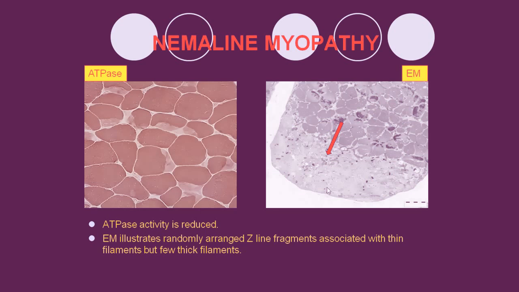These are thin filaments in the area of the cap, and this is fragments of Z line, and here early Z line streaming, which is a non-specific myopathic feature in electron microscopy.